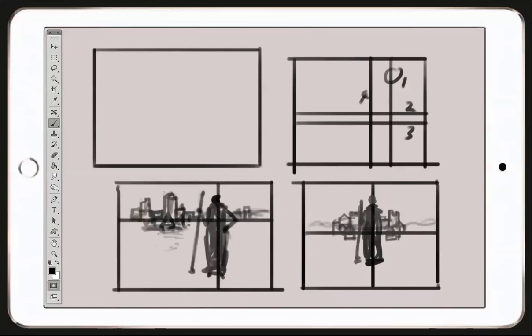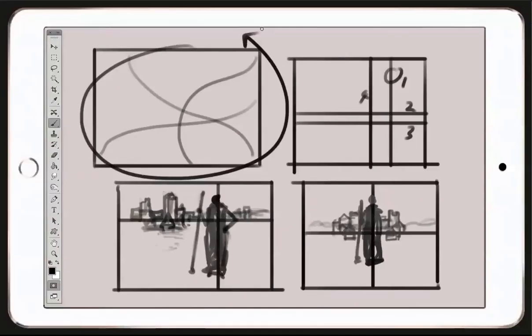So I'm going to roughly sketch in some kind of structure here, something like this. You see these rhythmic lines. And again, I'm only using a limited number. I'm not using a lot of them. Only the primary or main lines that divide the picture area into this web-like structure.